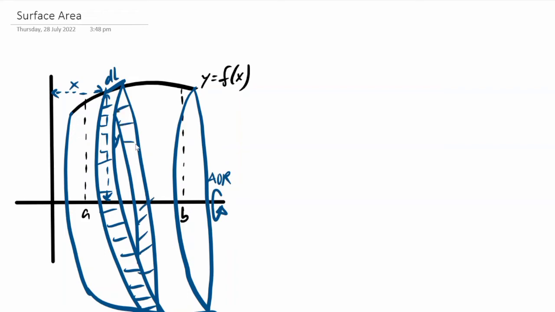This is our dx strip here. And from here, this is our dy. So, if you remember, this here is our y from the curve to the x-axis. And so for this, we bring out the strip that is going to be just like this one here.